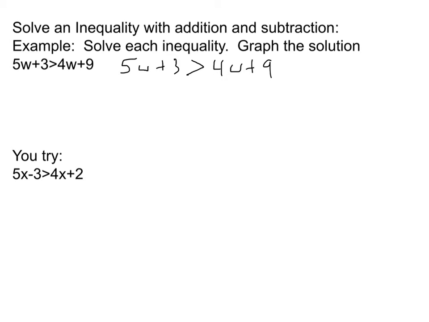Okay, so we subtract 4w and we subtract 3. Those 4w's cancel, those 3's cancel. This side we're left with w is greater than 9 minus 3, which is 6.